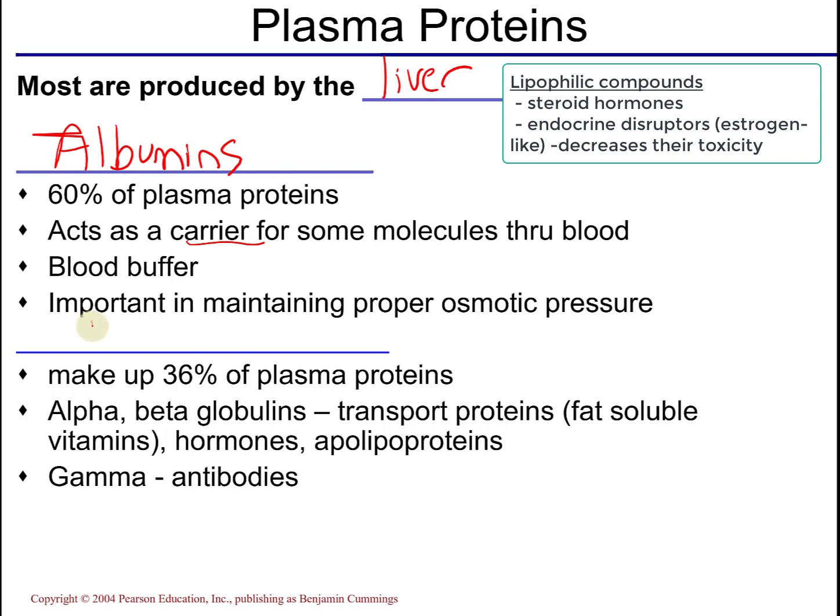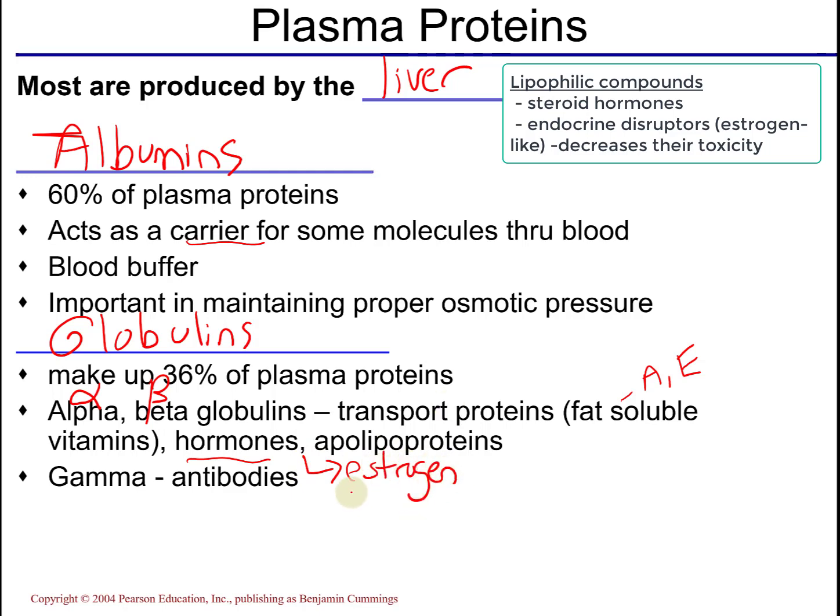The next group is called globulins. Globulins consist of three major groups: alpha, remember the Greek symbol alpha, and beta globulins, which transport proteins, fat-soluble vitamins, for example, vitamin A, vitamin E would be an example, and hormones that don't dissolve easily in the blood, such as estrogen.